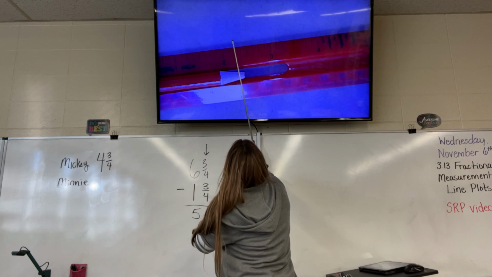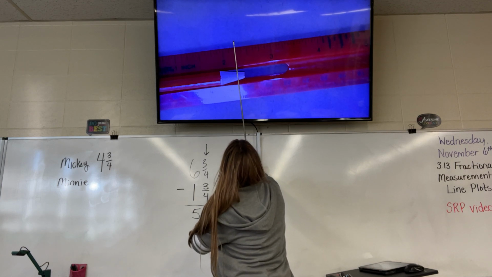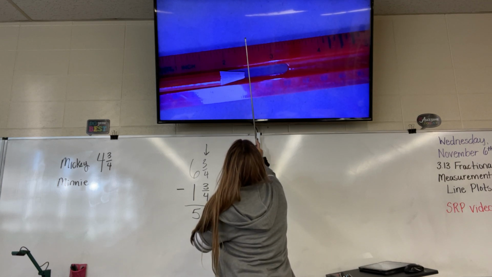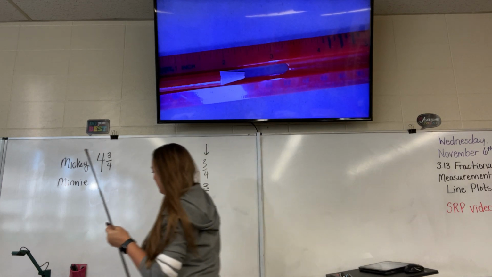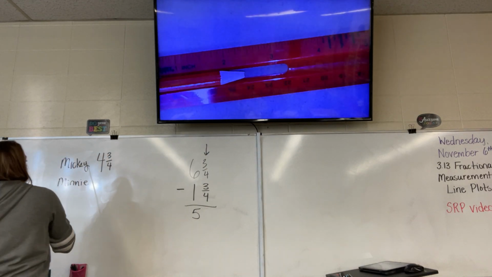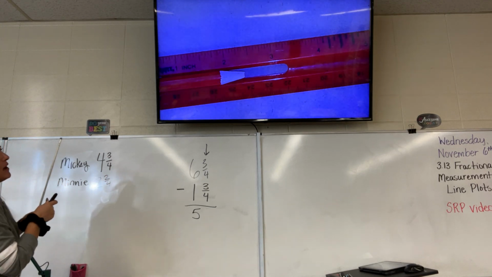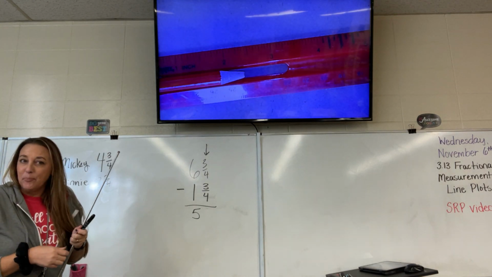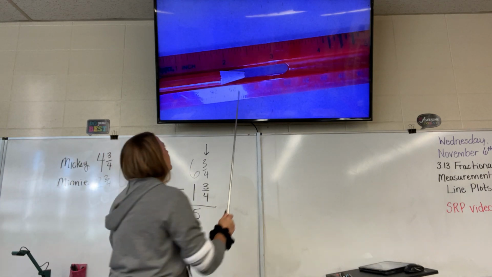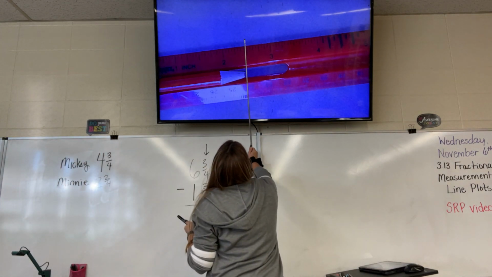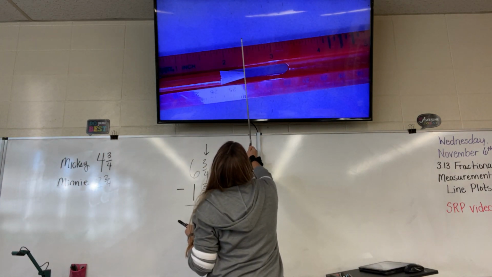Which do you think would be better, 1/4 or 2/4? 2/4. Okay, we'll do 2/4. 2 and 2/4. Can you see why 8ths will help us in just a minute? Yeah. Because that's really right between 1/4 and 2/4.